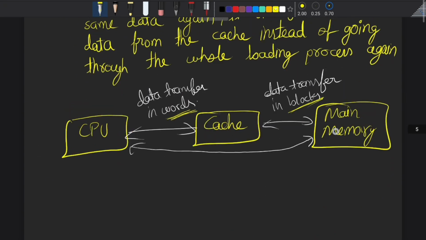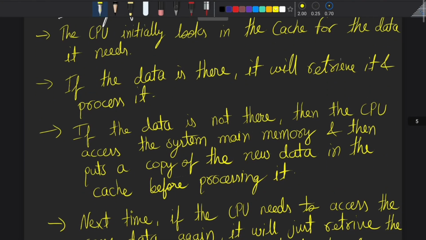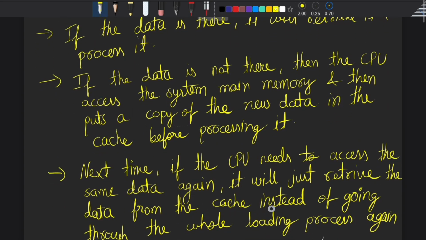So when it finds that data in main memory, it puts a copy of the new data in cache and then processes it. So before processing, the CPU puts the copy of the data that was not initially present in cache and was present in main memory into the cache memory, and when that copy is put into the cache memory, then it processes the data, so that the next time the CPU needs to access the same data again, it will just retrieve the data from the cache instead of going through the whole loading process again.